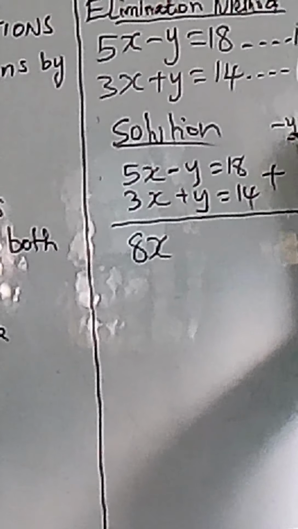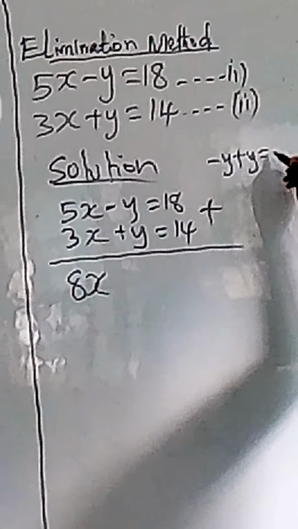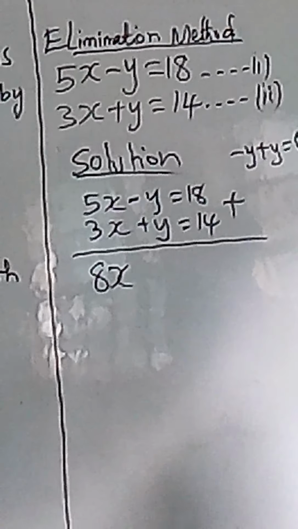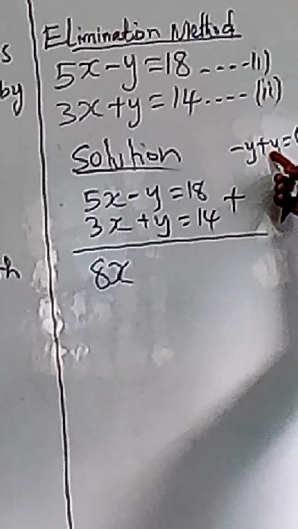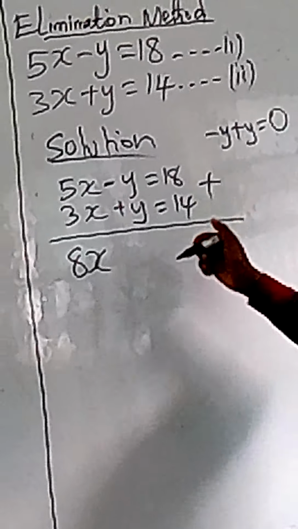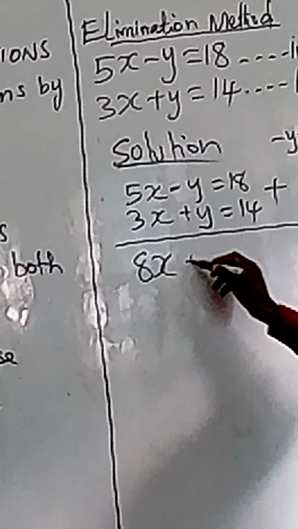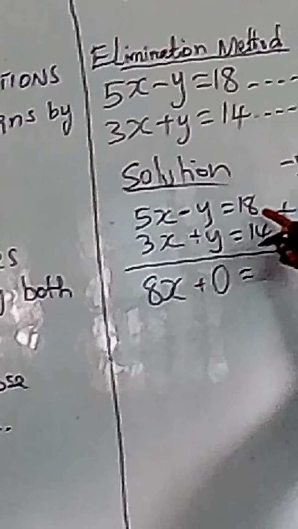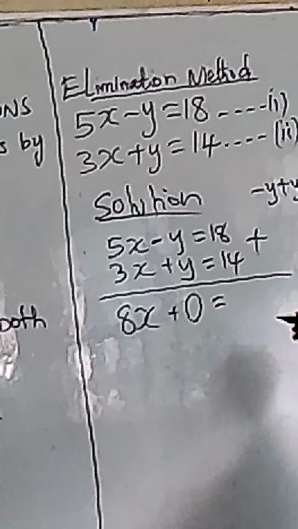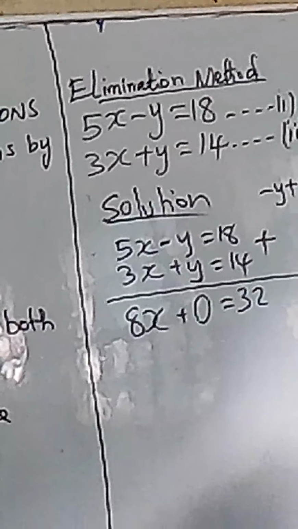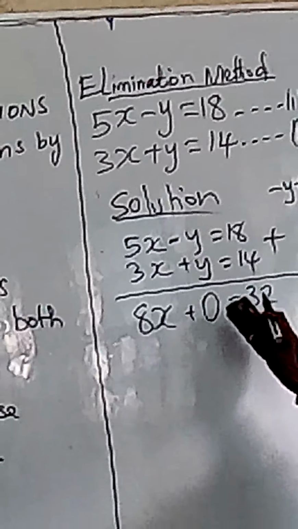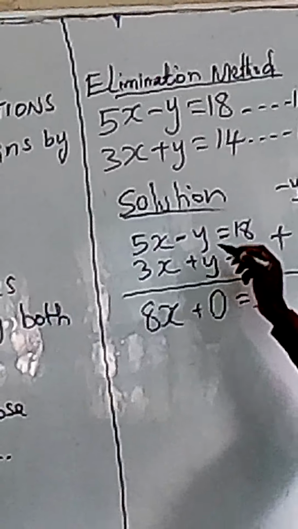Negative y plus y, you get 0, because this is negative, this is positive. Then 18 plus 14, you get 32. So, in short, you've been able to do away with y.